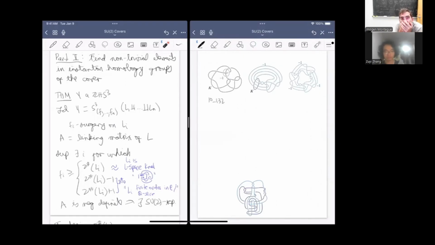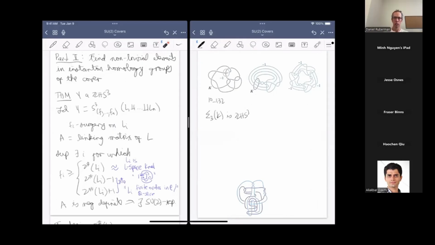What happens is that the threefold cover of this knot is an integer homology sphere, but the 3-signature doesn't tell me whether there is an SU(2) representation for this cover or not, and this knot is not quasi-positive. So all of the ways of finding an SU(2) representation for these branched covers that I mentioned at the beginning do not work for this particular knot. But we do know that this knot has unknotting number 1.